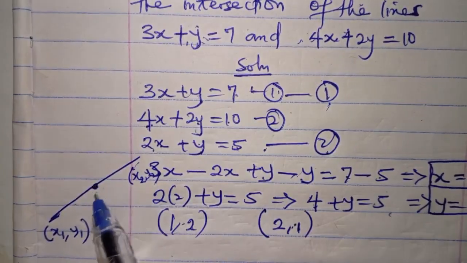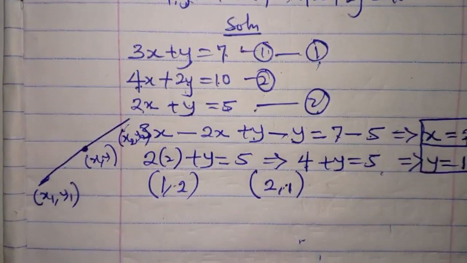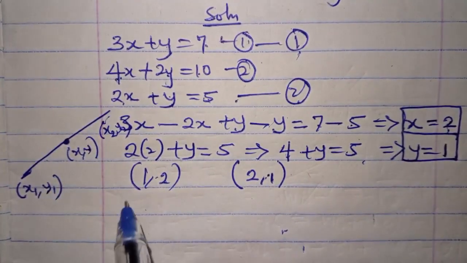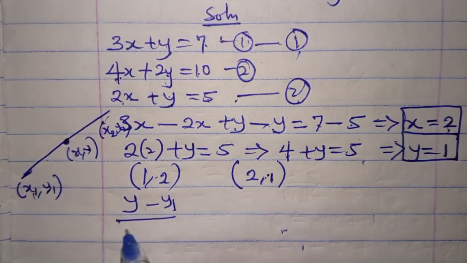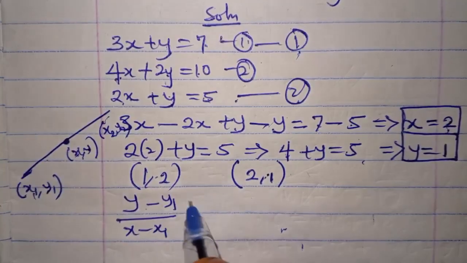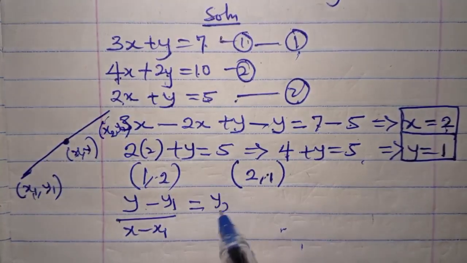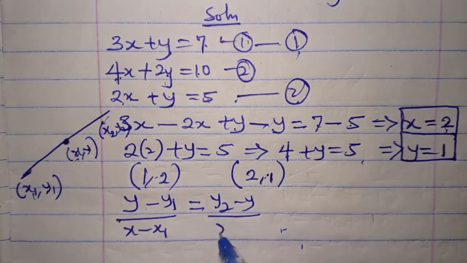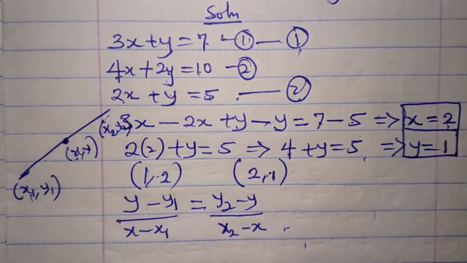Here we have a variable point, let's say x, y. The equation of the straight line would be this: y minus y1 all over x minus x1 is equal to y2 minus y all over x2 minus x.